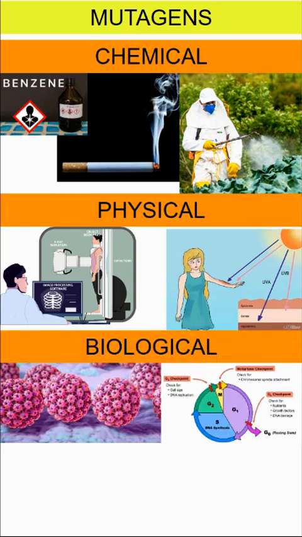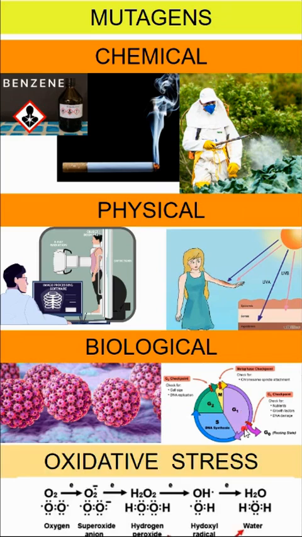We also have some biological mutagens, like certain viruses, which can interrupt the checkpoints where the DNA damage is being repaired. There's specific viruses that are known to affect tumor suppressor genes. So oxidative stress is not a mutagen, but it's linked to many different problems because it can cause DNA damage as well.